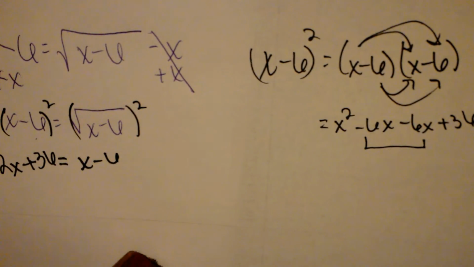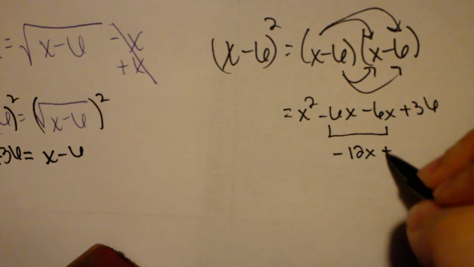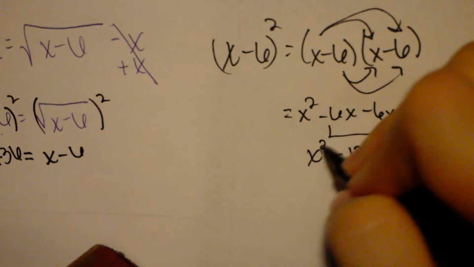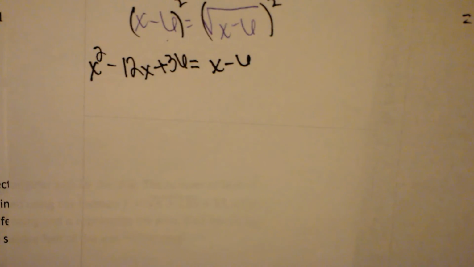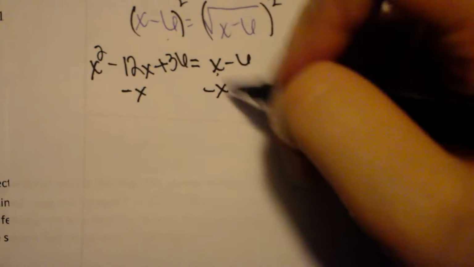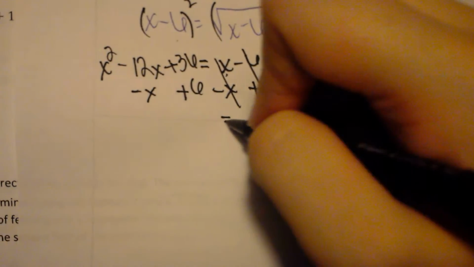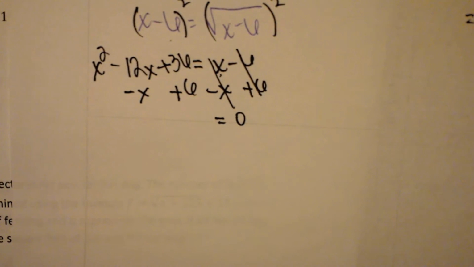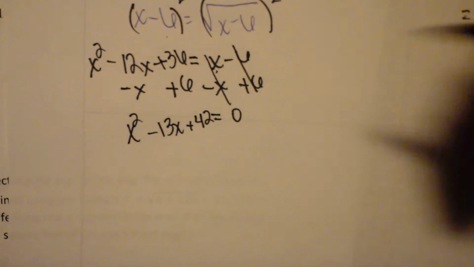So my two middle terms add to be negative 12x. Okay, so I'm going to subtract x, add 6, add 6. My right side is now 0, so I have x squared minus 13x plus 42.